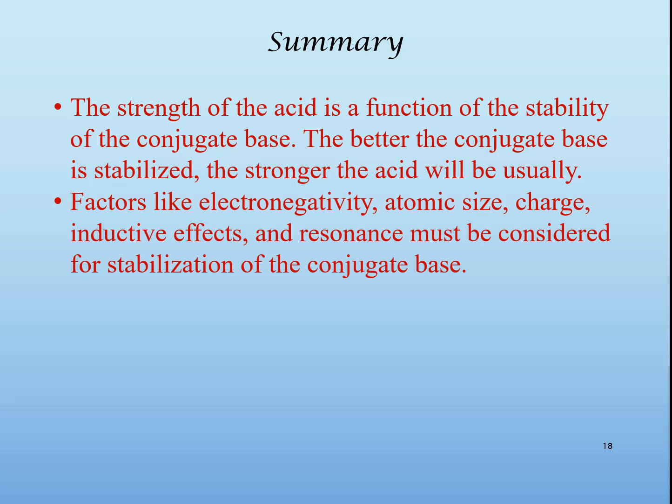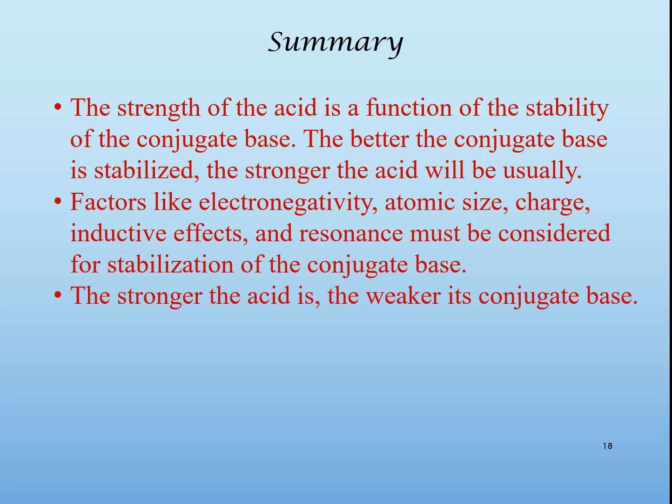Factors like electronegativity, atomic size, charge, inductive effects, and resonance must be considered for the stabilization of the conjugate base, and they can have different strengths and different importance in a particular example. We also see that the stronger the acid is, the weaker its conjugate base is. For example, hydrochloric acid is a very strong acid. On the other hand, the chloride ion is a very weak base.